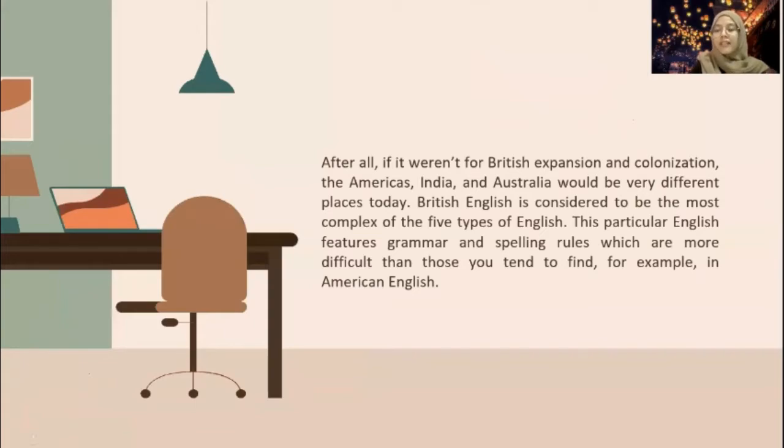British English is considered to be the most complex of the five types of English. This particular English features grammar and spelling rules which are more difficult than those you tend to find, for example, in American English.